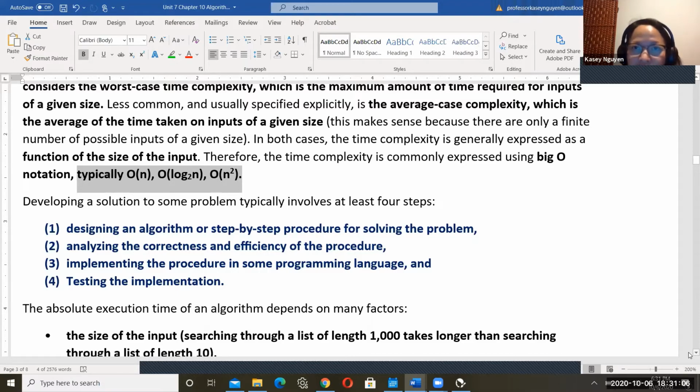Some sort of sorting mechanism. So there would be a step-by-step procedure that's required to solve that problem. Then the second thing we need to consider is that we have to make sure that we analyze the accuracy and the efficiency of that procedure.